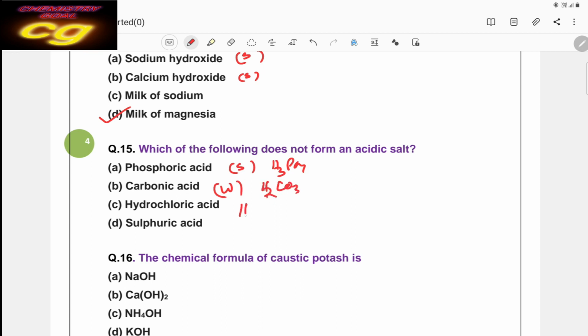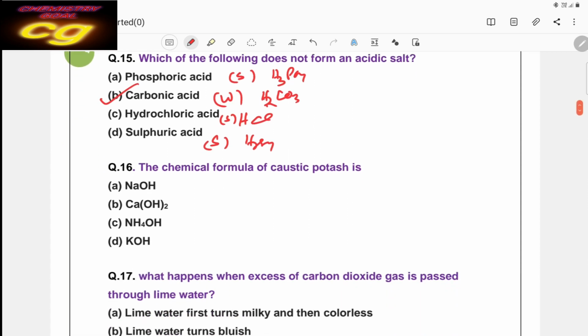Hydrochloric acid is a strong acid, HCl. Sulfuric acid is also strong, H2SO4. So the answer will be, which of the following does not form an acidic salt? Because an acidic salt is not produced, the acid is weak. So the answer is B.